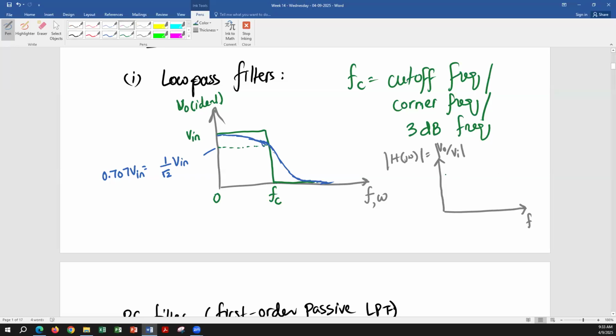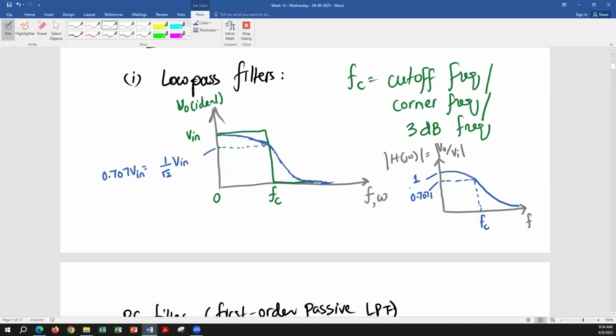The curves are going to be the same. For practical filters, the curve is going to be something like that. But in this case, the magnitude is going to be 1 because output is equal to input at DC, as we saw here. Then at the cutoff frequency, fc, your value will simply be 0.707 because the peak value is 1.